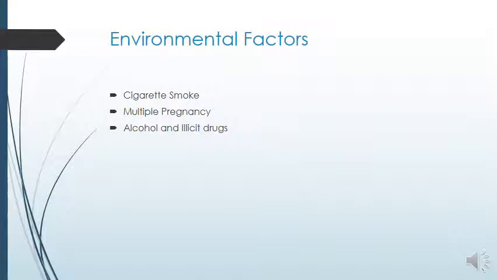So let's look at a few environmental factors that have a bearing on the size of the fetus. Smoking is a well-established cause of IUGR. The growth rate for fetuses of mothers who smoke cigarettes is less than normal during the last 6 to 8 weeks of pregnancy.